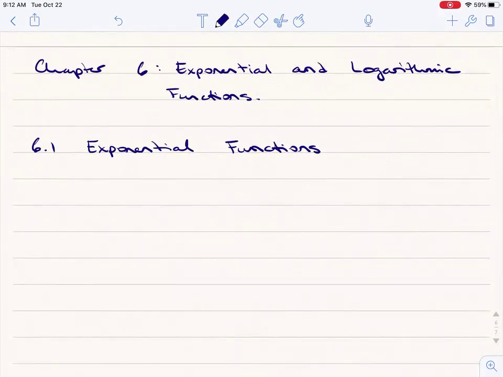Up until now, we've seen things like x cubed and x to the 1/2.